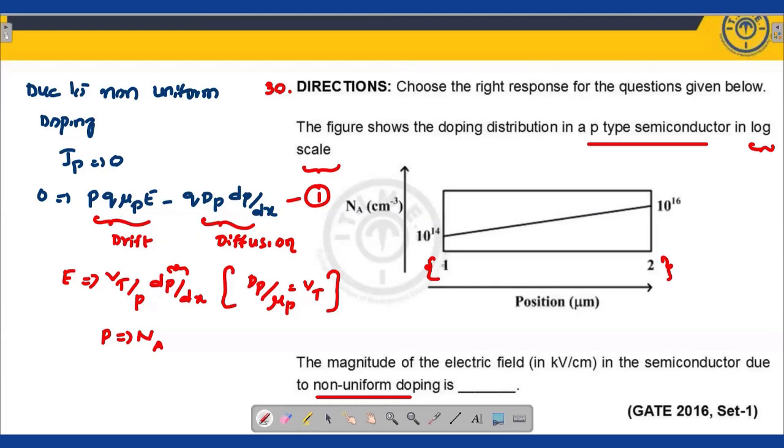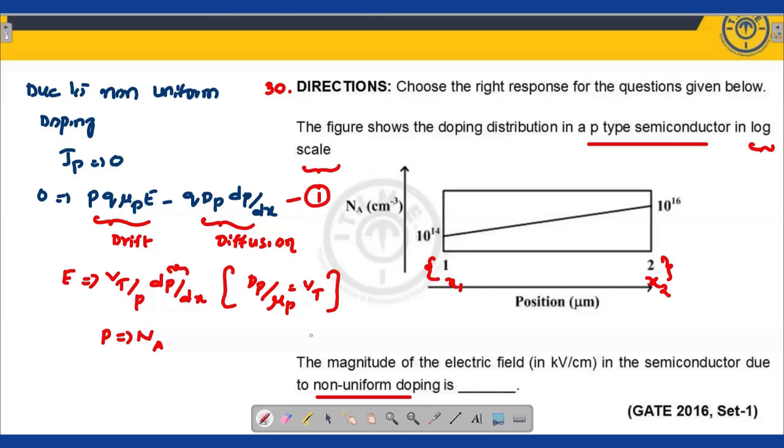The distance in between, this I am going to call x1, and this I am going to call x2. In between those parameters I am going to write down that formula, and we need to substitute those values over here.